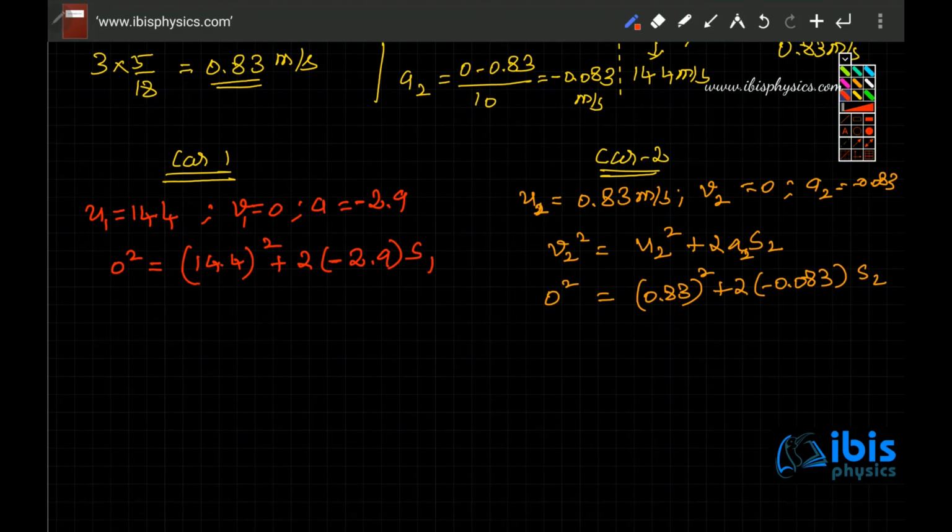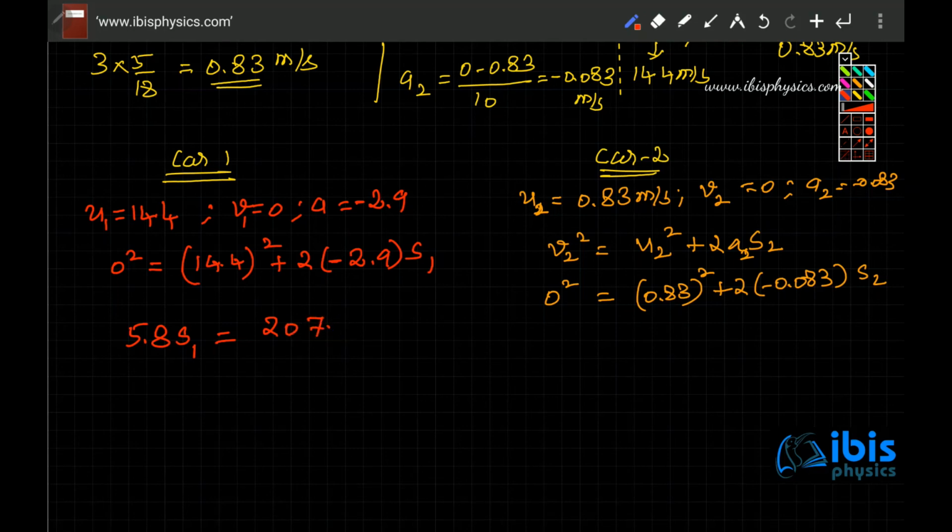2 into 2.9 is 5.8. The minus 5.8 s1, coming to this side, becomes plus 5.8 s1, and this is 14.4 whole square. 14 square is 196, so 14.4 into 14.4 is somewhere around 207.36.